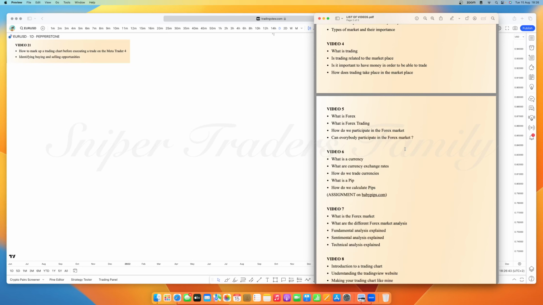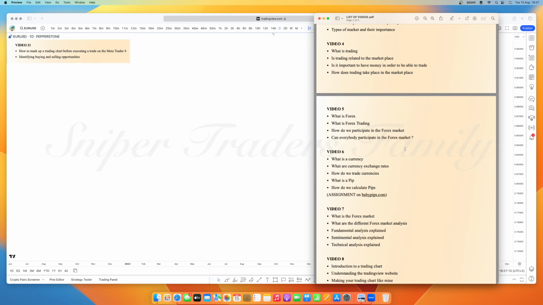But fundamental has to do with us looking at economic activities, looking at news that is coming out, and then using that to predict what is going to happen to the dollar or the particular currency you want to trade, right? So what is the central bank doing, basically? If we want to look at fundamental analysis as regards a particular currency pair we want to trade, most of the things we're going to be looking at is what the central bank of that country is doing, right?